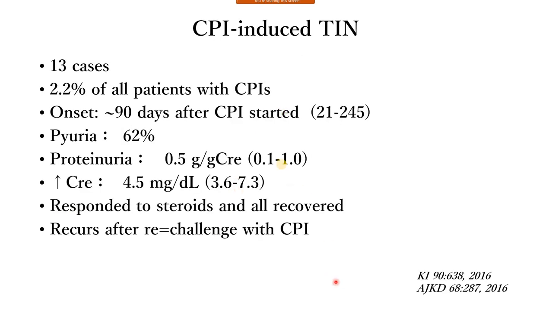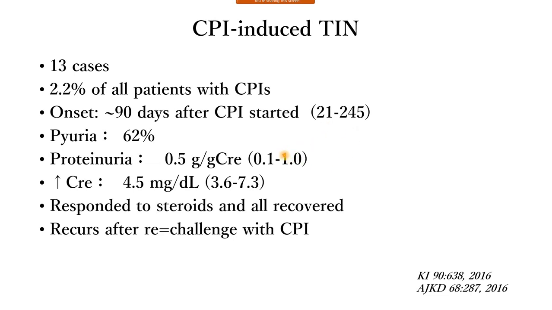So here's a report, 13 cases. 2.2% of all patients with CPI, checkpoint inhibitors, developed TIN. Onset was about 90 days after CPI started, ranging from 21 days to 245 days.